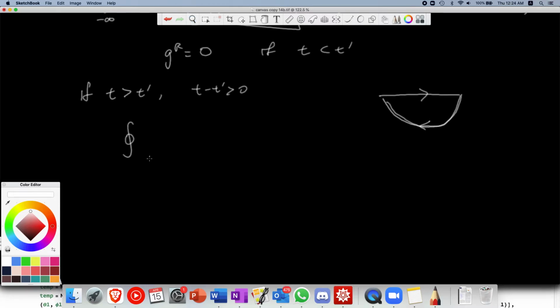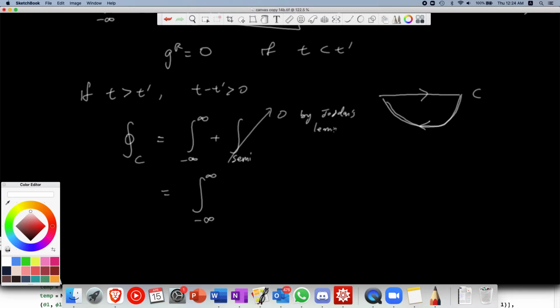So we have the integral over contour C, redefining the contour C, equals minus infinity to infinity plus this contour, this semicircle. And by Jordan's lemma again, the semicircle is simply 0, with this assumption which allows us to apply Jordan's lemma.